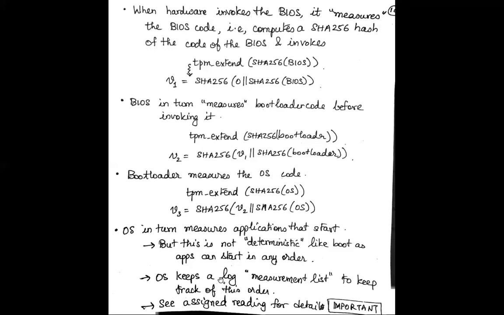In fact, this is what is described in a lot of detail in the assigned reading for today's lecture. So I encourage you to go and see the assigned reading for the details of these measurement lists and how the applications' hashes are also stored as part of this measurement list and incorporated as part of the value of the PCR. Okay.